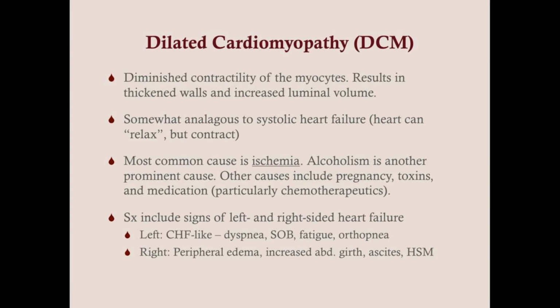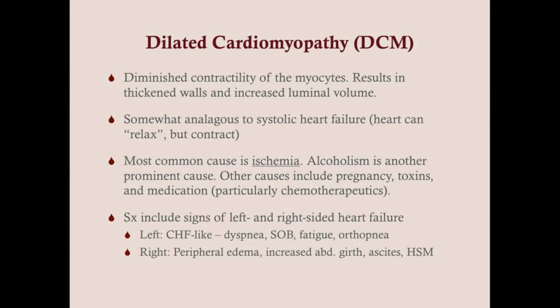Now, other things can cause this dilated cardiomyopathy too. Alcoholism is another prominent cause. The number one cause is ischemia, but chronic alcoholism is another prominent cause of dilated cardiomyopathy. Another cause includes pregnancy, and I'm not talking about just getting pregnant the first month. I'm talking about the weeks leading up to the delivery and the weeks in the postpartum period.